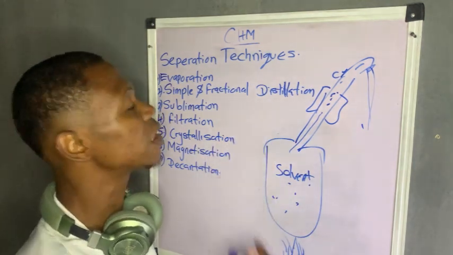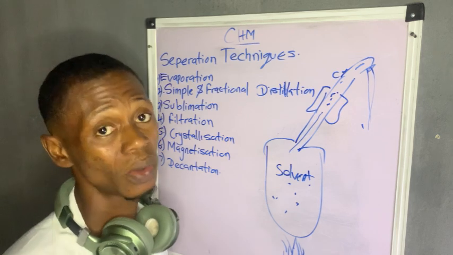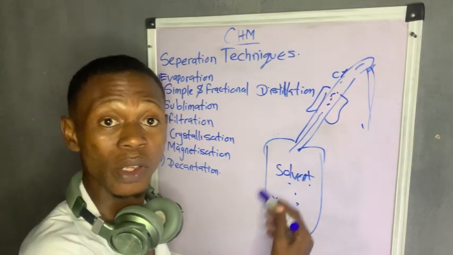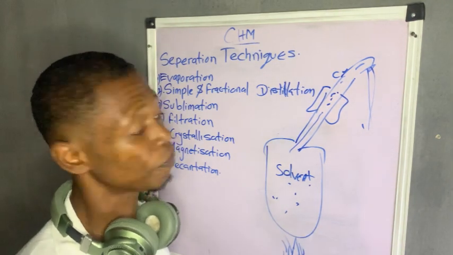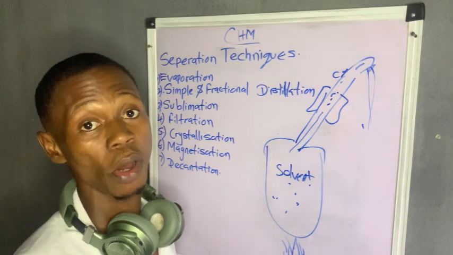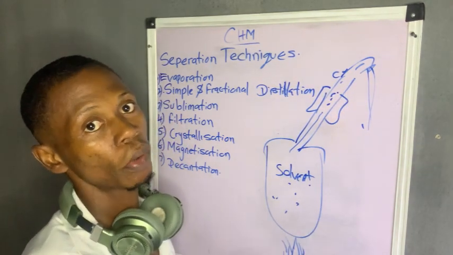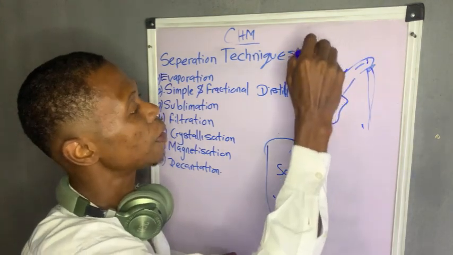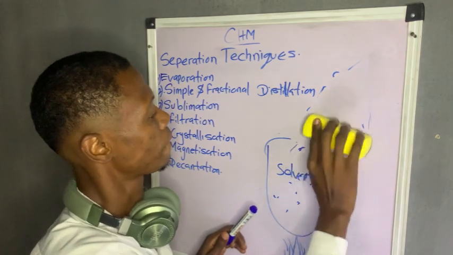But for fractional distillation, we have three or more liquids to separate, or two or more liquids inside here, with differences in boiling point. If you put the heat, whichever reaches its boiling point will leave this place. Don't forget that for the upper side, let me draw the full setup.